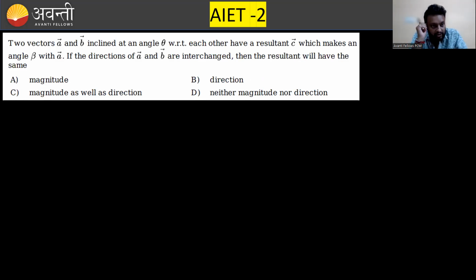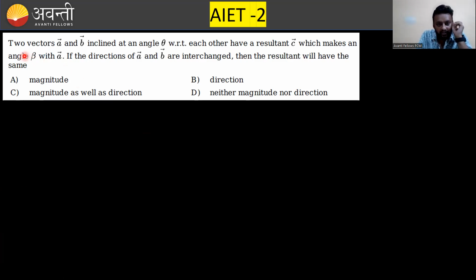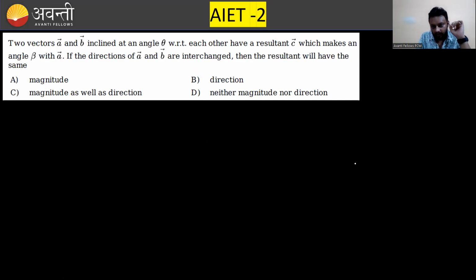Okay. So question is saying two vectors A and B. Let's just read out the first statement. Two vectors A and B inclined at an angle theta with respect to each other have a resultant C, which makes an angle beta with A. So now before moving further, just draw these things. Okay, so I'm just drawing.